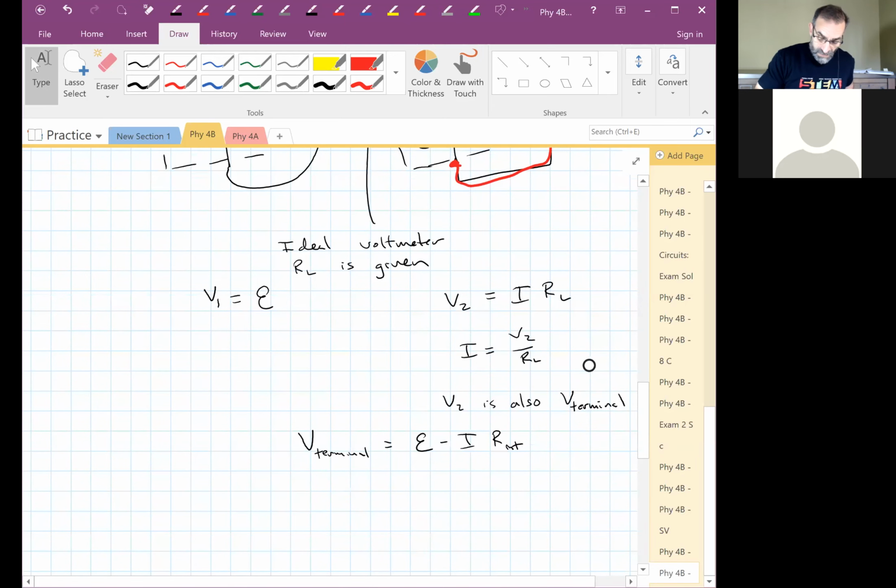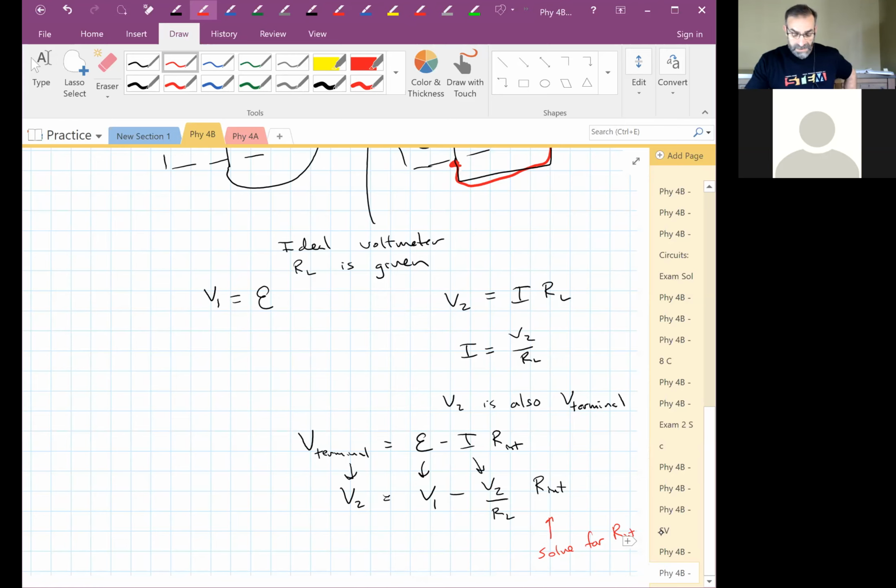We know the terminal voltage, that's just V2, we just measured that. We know E, that's just V1, we've measured that. We know I, so now we can solve for R internal.